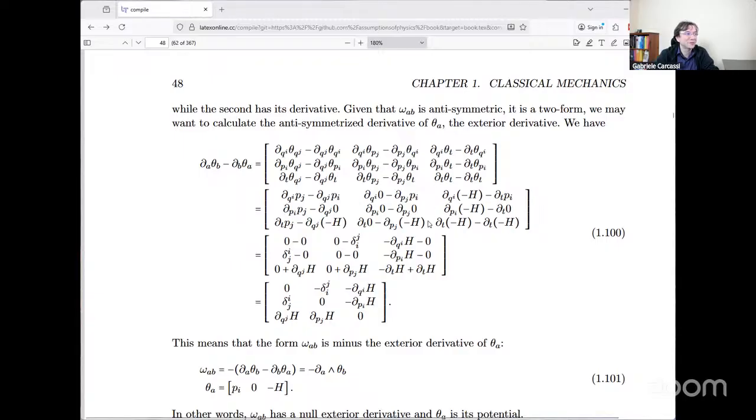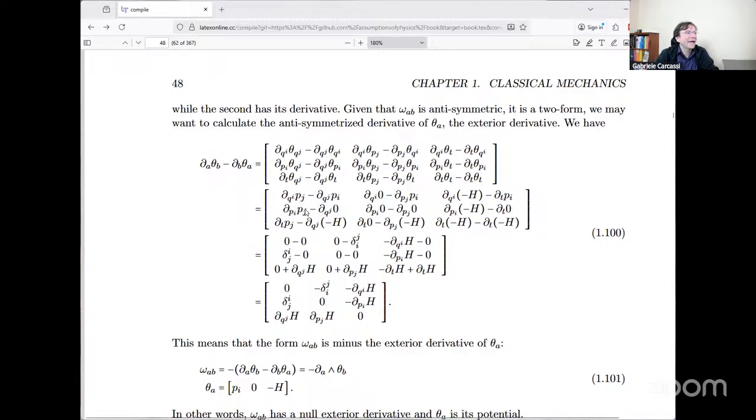This is just substituting the components, and then you do the calculation. If you take a partial of q with respect to p, since these are independent variables, you get zero. So all the terms that mix q's and p's are going to be zeros, and of course, all the terms that take the derivative of zero are also going to be zero.